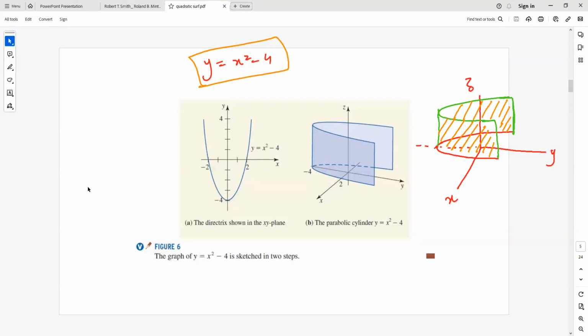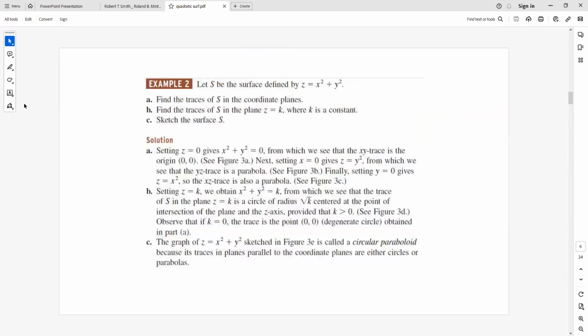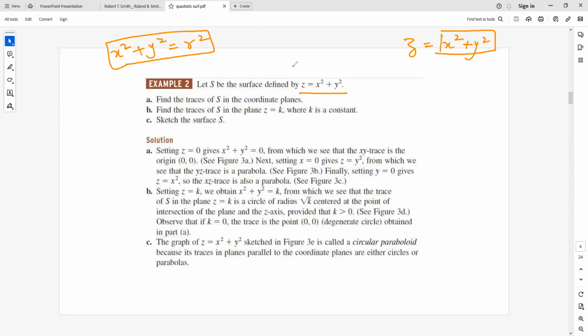Now again, we can take a look at another example. For instance, we are given this surface, that is z equals x squared plus y squared, right? Now we are familiar with this equation. Actually, this is the equation of a circle. We know that x squared plus y squared equals r squared.